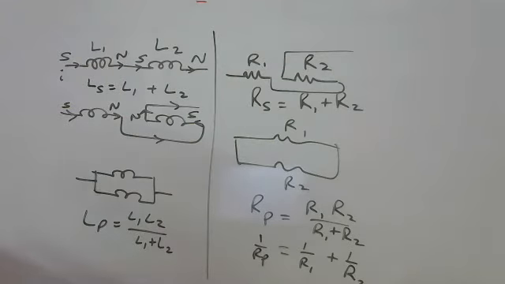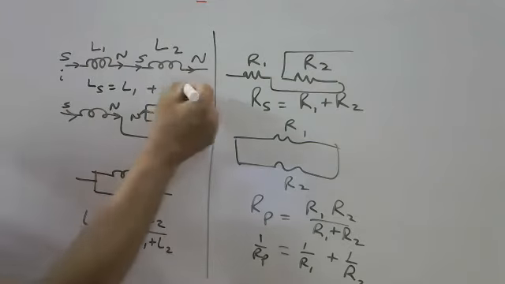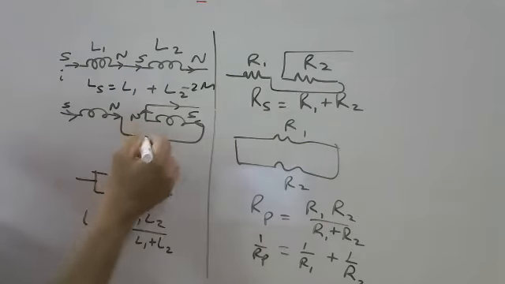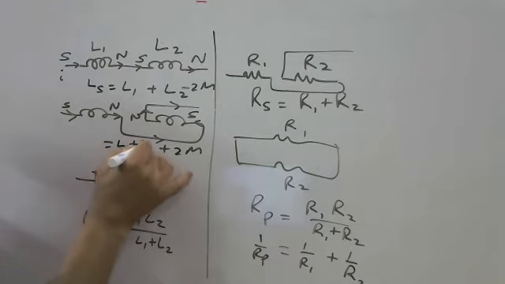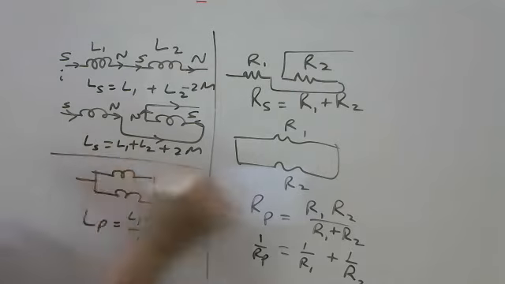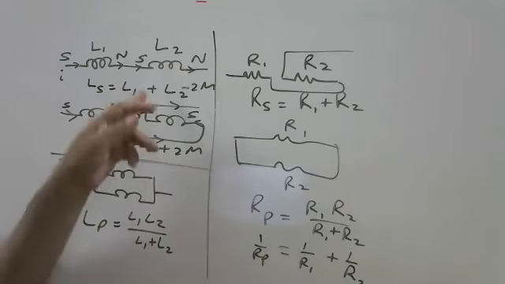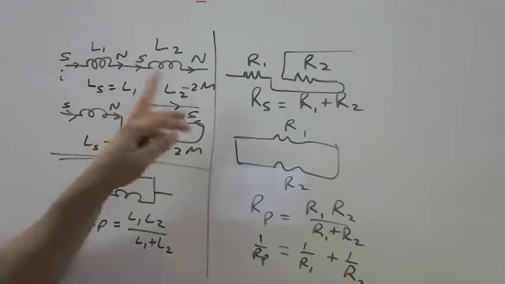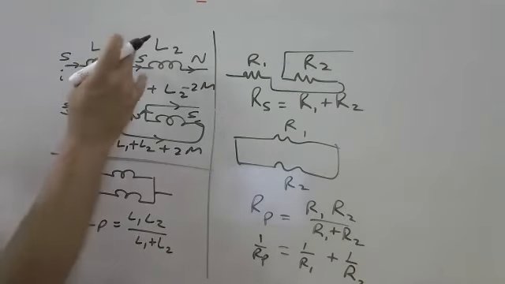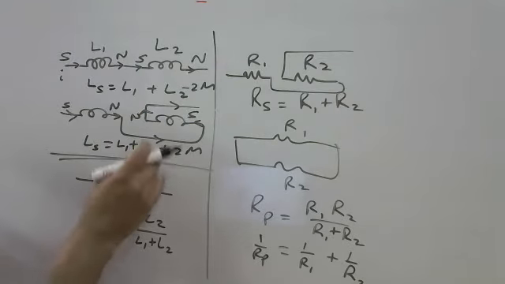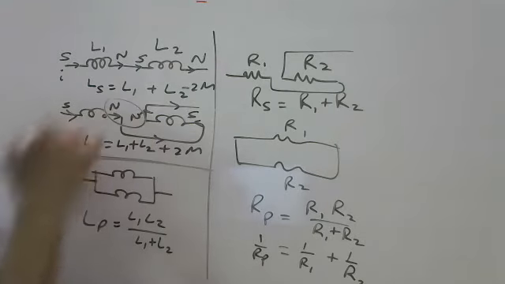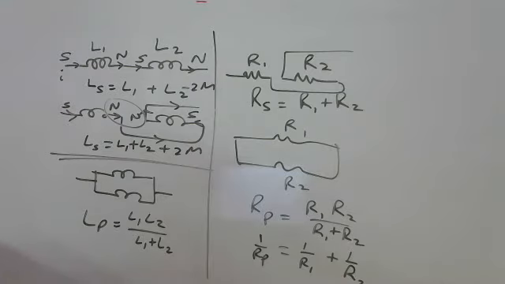So in that case, mutual effect will be minus, and this case will be plus. There is no difference in case of resistance, but here we are finding the difference. In one case it opposes, and in this case it does not oppose, so it supports. Here M square upon, say, plus minus twice of M.